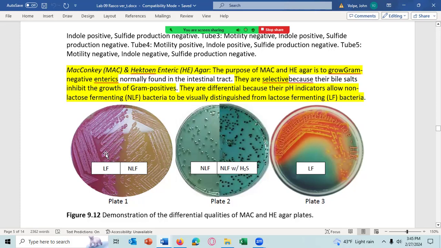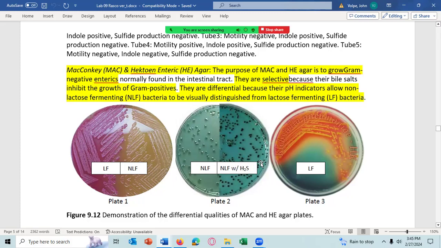If the bacteria cannot ferment the sugar lactose, the bacteria will be their normal color, here either white or off-white, and there is no coloring of the media. So that's the McConkey's media. Remember, gram-positives will not grow on McConkey's. If the bacteria cannot grow on the McConkey's, you cannot assay for the lactose fermentation.